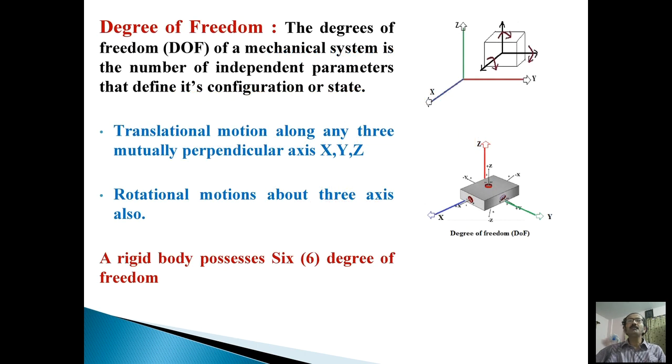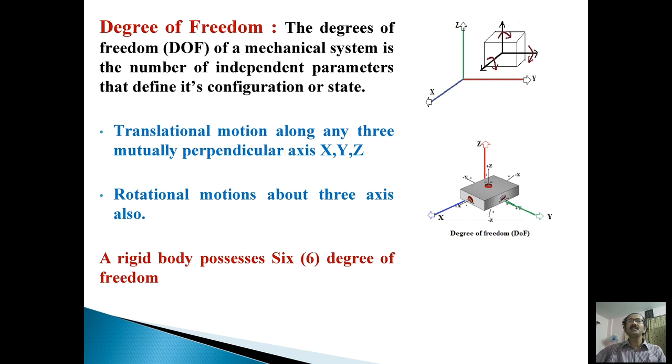The degree of freedom of a mechanical system is the number of independent parameters that define its configuration or state. Translational motion along any three mutually perpendicular axes, that is x, y and z, and rotational motion about three axes also.